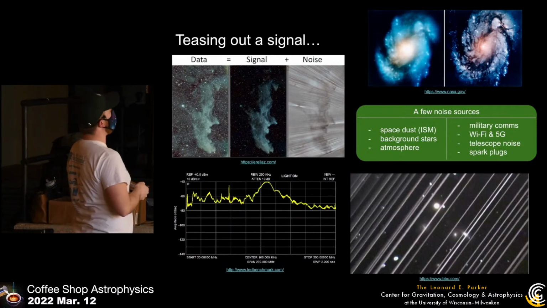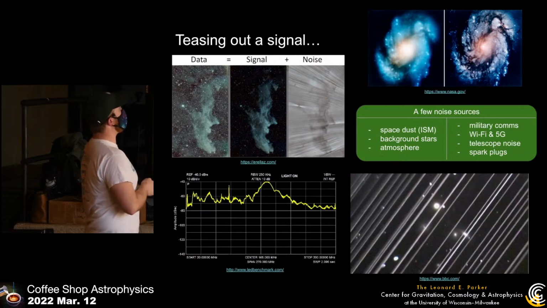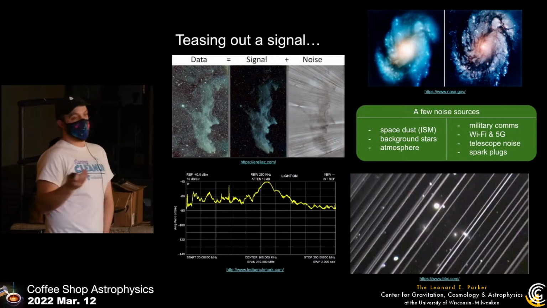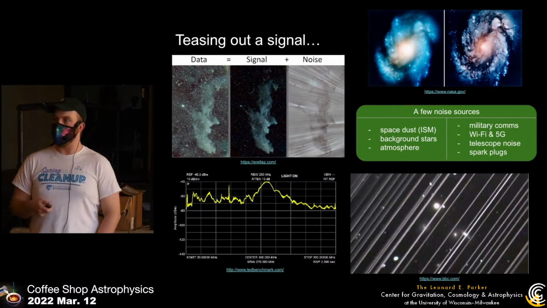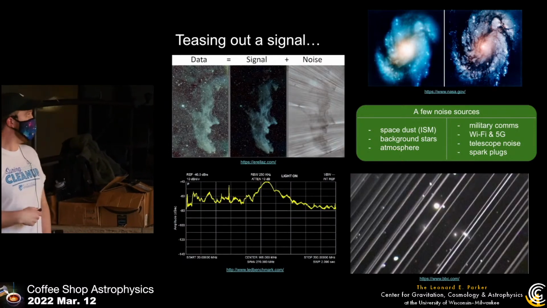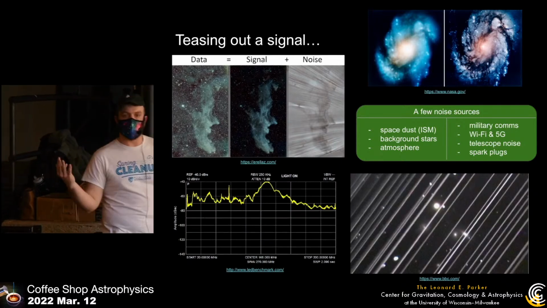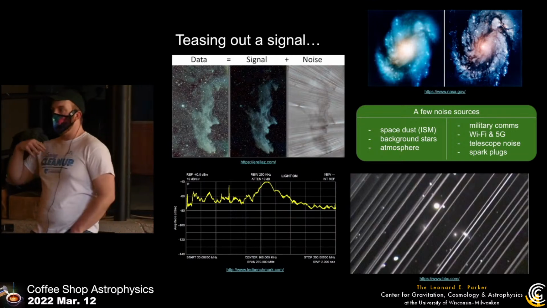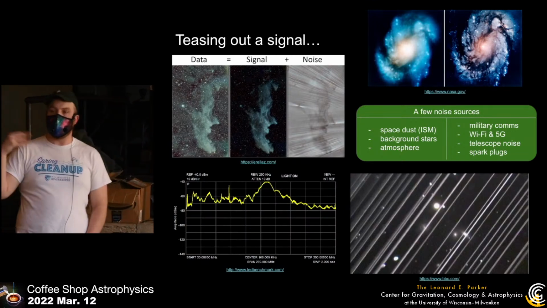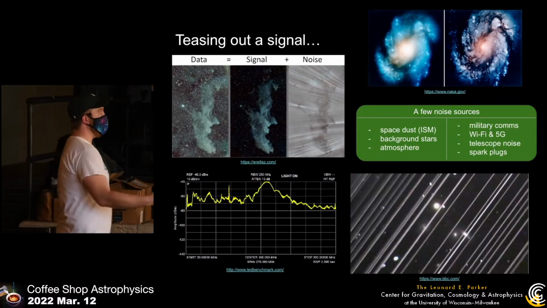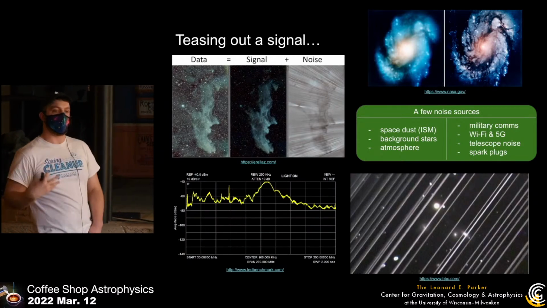So we take an observation and we have that nebula, but we also have a bunch of other stuff in this image that we're not as interested in. And that other stuff will contaminate our measurement of that nebula that we are trying to look at. So we use what we know about the different sources of noise. Sources of noise include space dust and background stars and telescope stuff. And we try and remove those artifacts from our data.